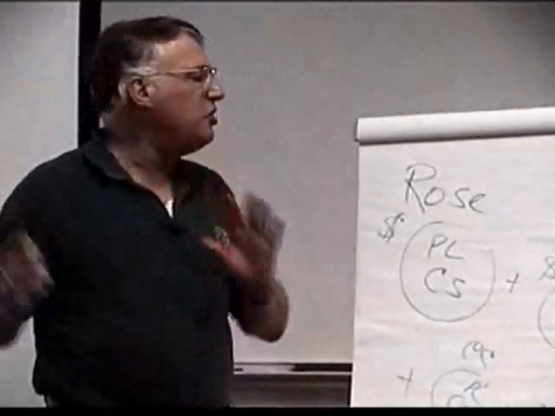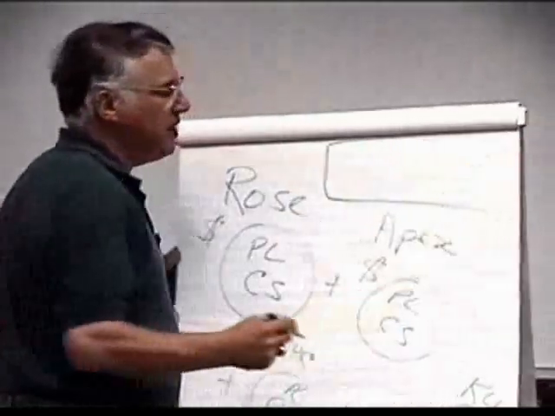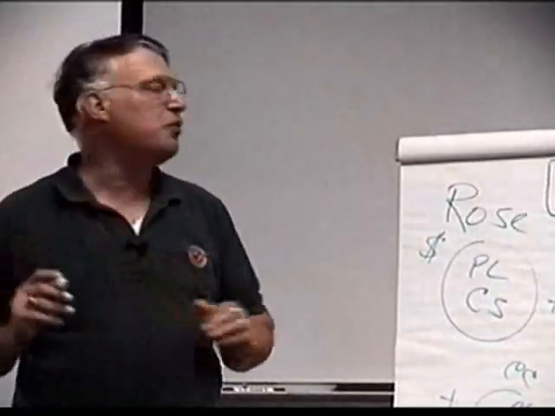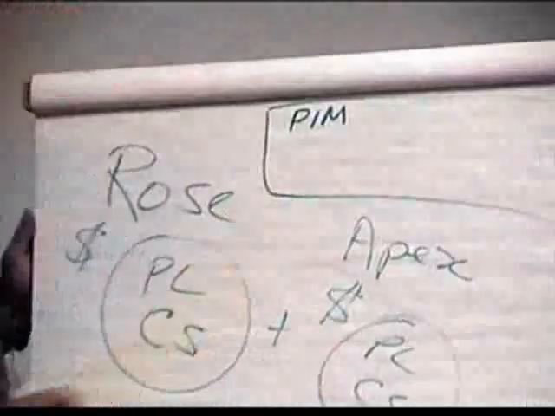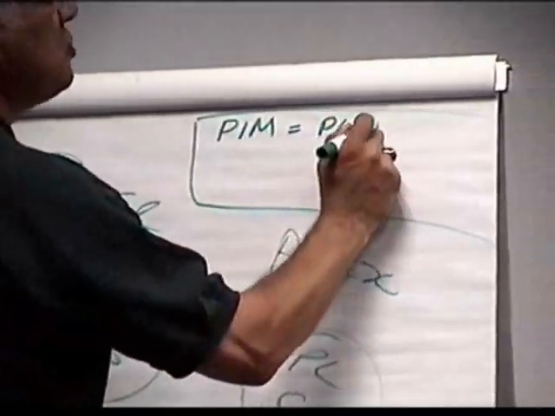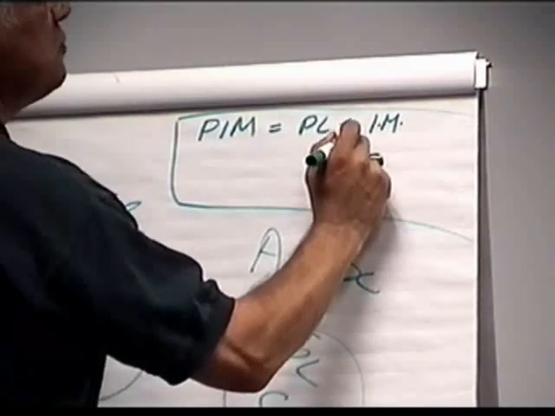Now, actually there's just one detail here that's maybe a little disconcerting, and that is, when we sell the products, we sell them a little differently. We sell something called PIM, which stands for Product License Plus Initial Maintenance, which is the first year of support.